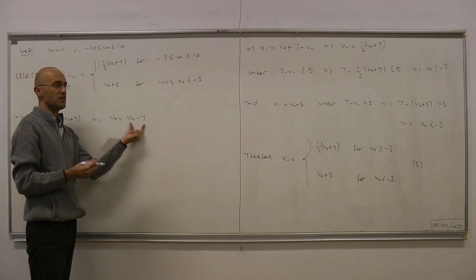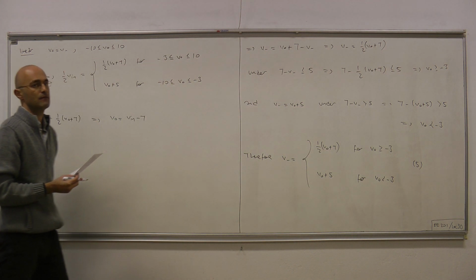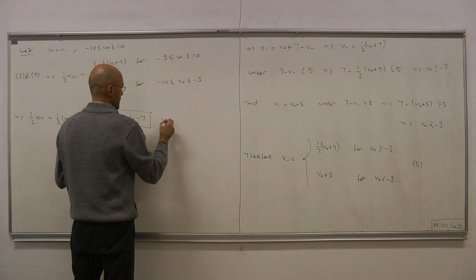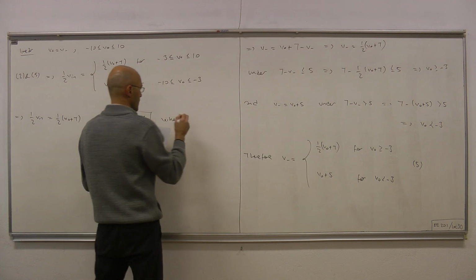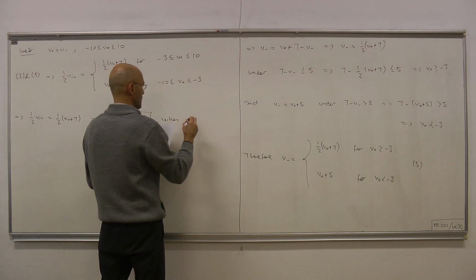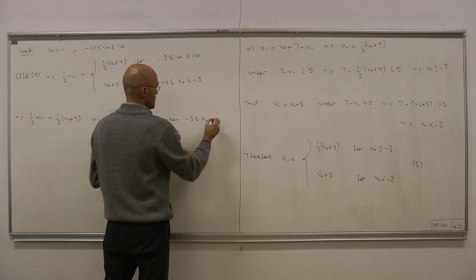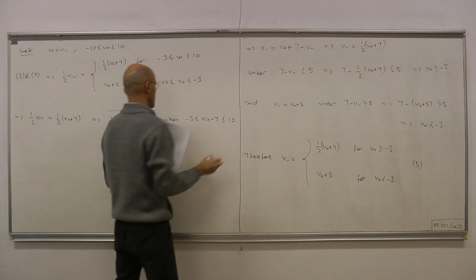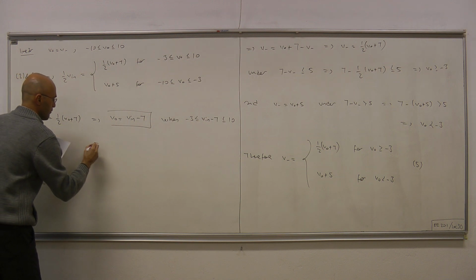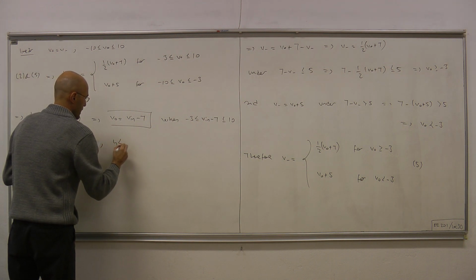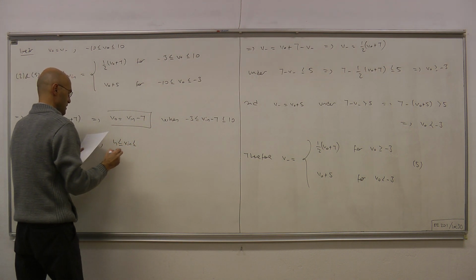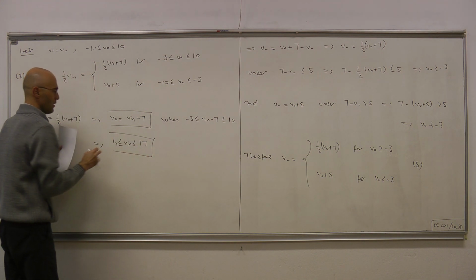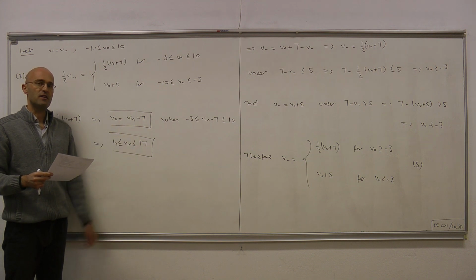All you have to do is take this and put it here. Okay, when minus 3 less than or equal to V out, which is V in minus 7, less than or equal to 10. Therefore, we have to have V in between 4 and 17 volts, so that V out equals V in minus 7.